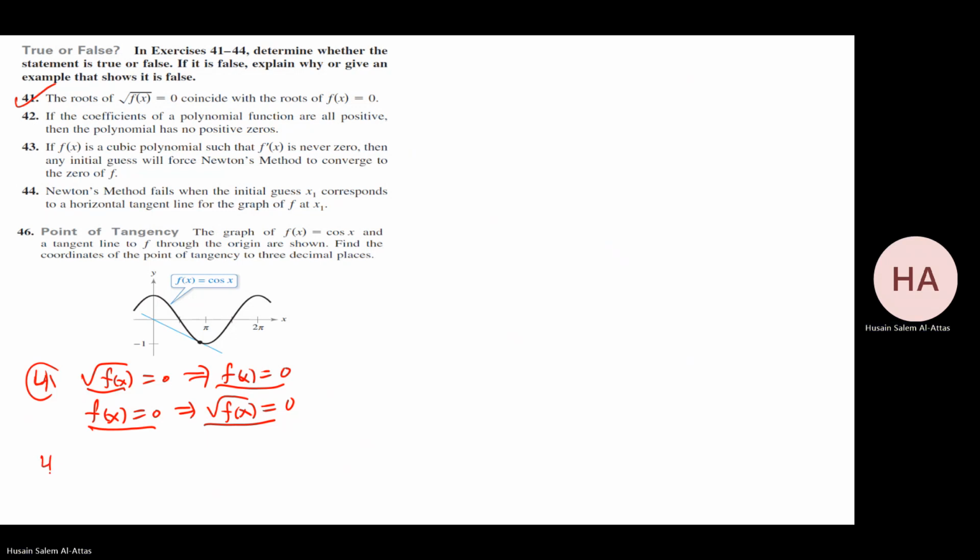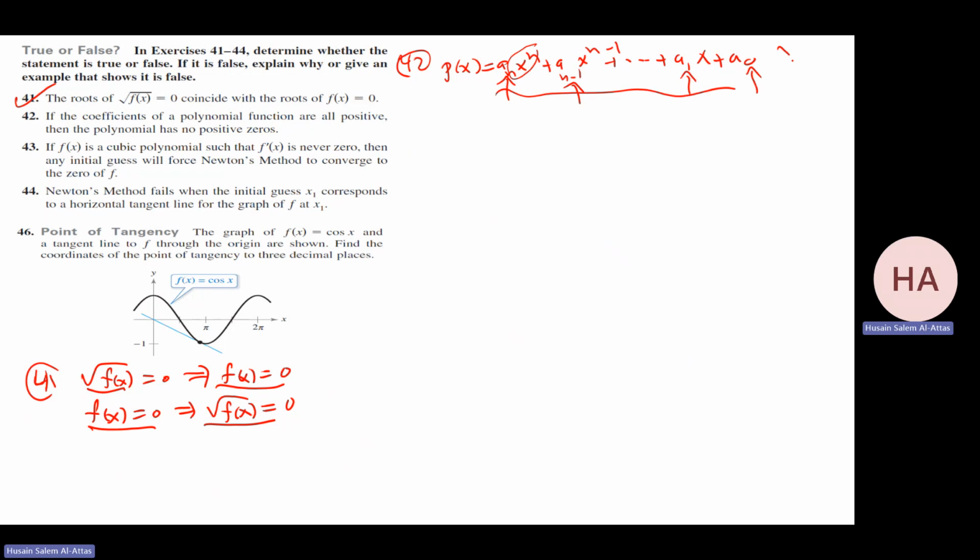42. He says, if the coefficients of a polynomial are positive, then the polynomial has no positive zero. Yeah, because if I have a polynomial, let me do it here. I need some space. p of x equals a0 plus a1 x up to an x to the power n. He said if all of these coefficients are positive and x is positive, all of this should be positive.